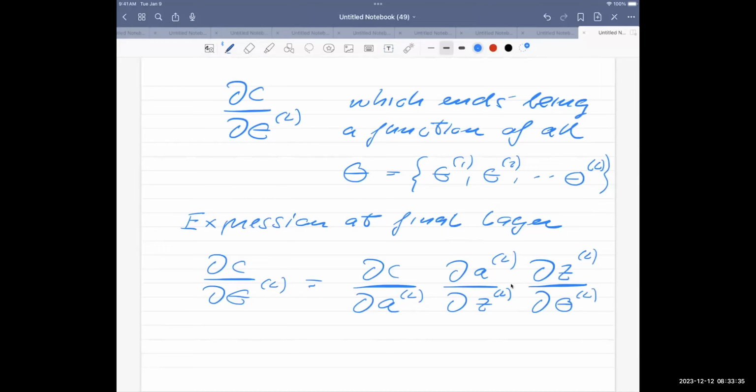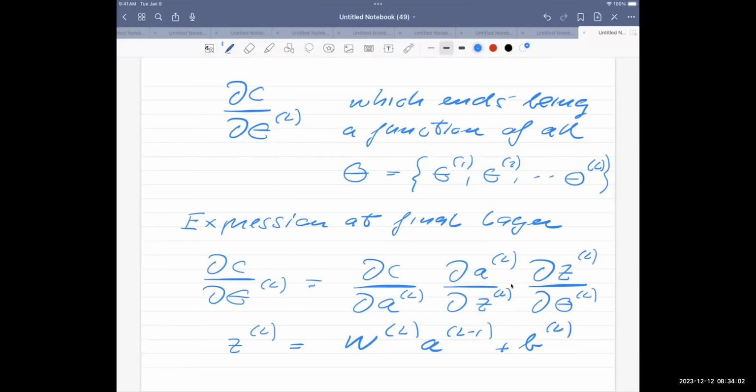And we know that this z of L, when we write it out in terms of vector matrix relations, would have an input from the previous layer, A of L minus 1, plus the biases of L here. So the weights can be a matrix or a vector, depending on how we have defined the network.